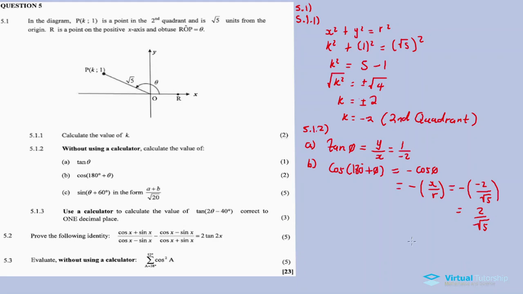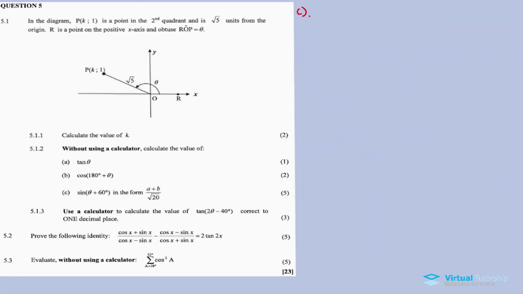Let's erase here and then simplify C, because I was talking without writing anything. All right, now for C, I have sine of theta plus 60 degrees. Let's simplify into this form.